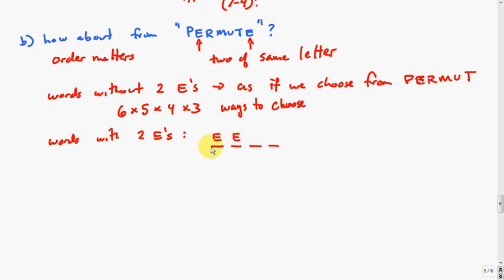Well, there's one choice for each of those, effectively, because we don't care about the ordering of the 2 of them. But then for the remaining 2 letters, we have 5 letters left that we could choose from. So there's 5 choices for that letter, and then 4 for this. So there's 20 ways we could choose a 4-letter word beginning with 2 E's.